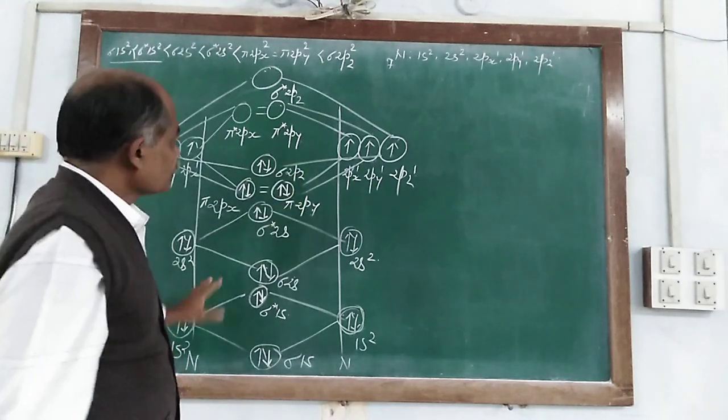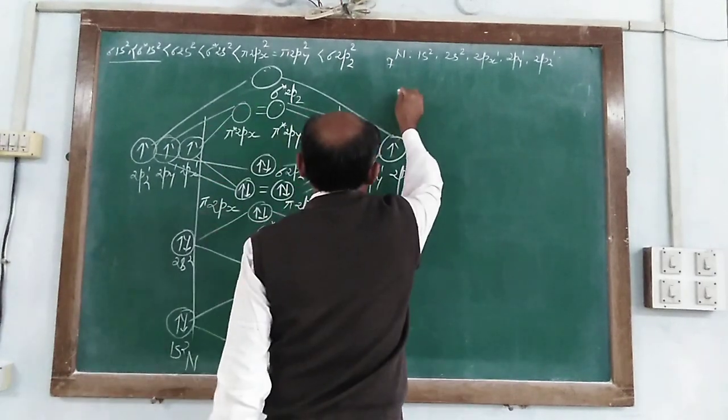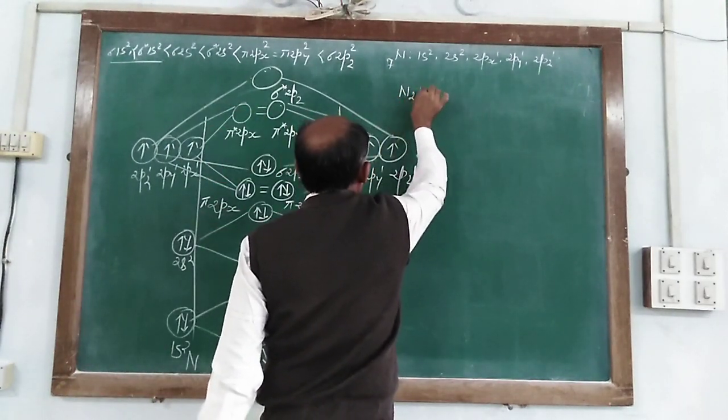2pz. Now we write the electronic configuration for the N2 molecule.